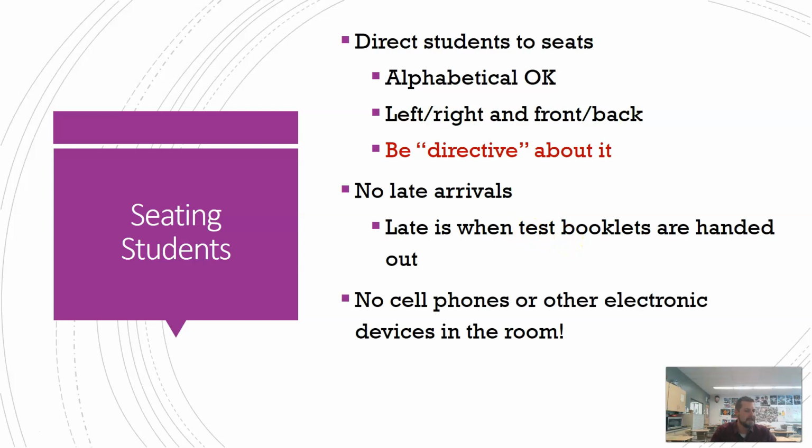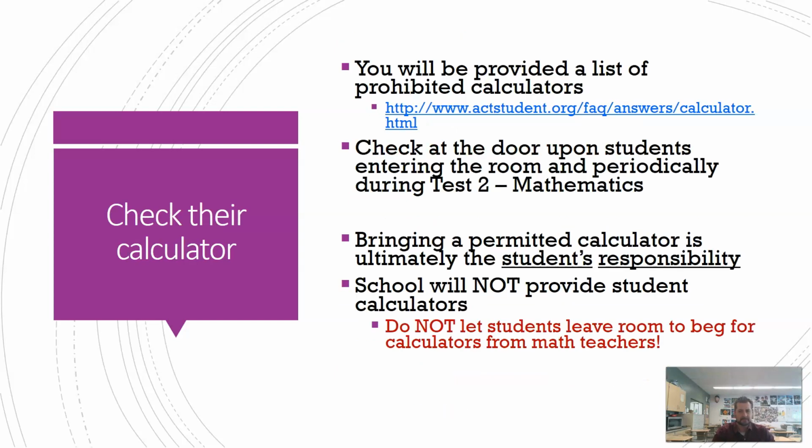We talked about it in the previous training, but make sure there are no cell phones in the room. And they can't eat or drink anything unless they have an accommodation of some sort, and you should know ahead of time if you have one of those students, okay? So there is a list of calculators that they can use. Again, we talked about this before, so I don't want to talk about it.